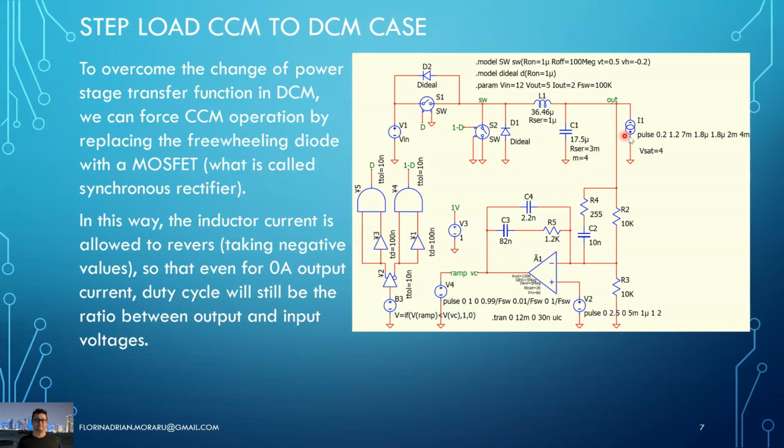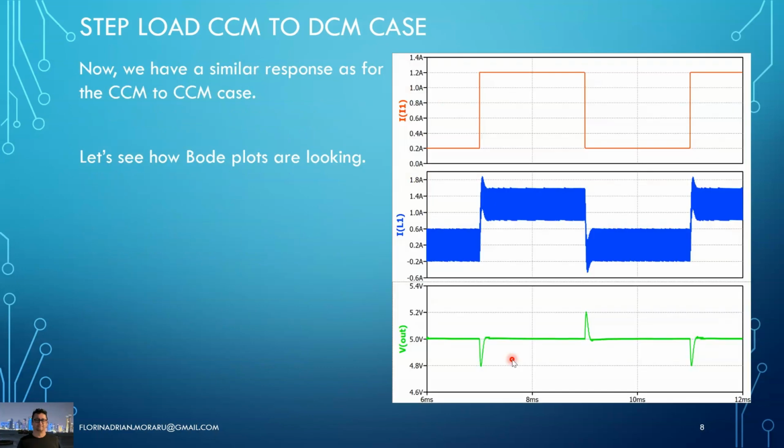So now we have the same error amplifier, the same compensating network, and let's see how it's behaving. Well, now we are switching the current from 0.2 to 1.2 amps, so DCM to CCM, and back CCM to DCM.